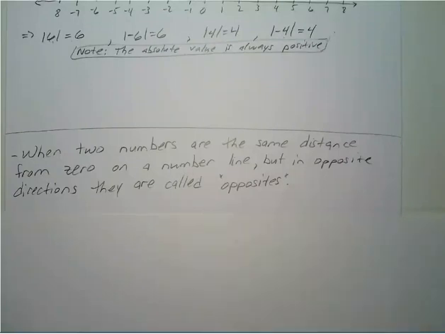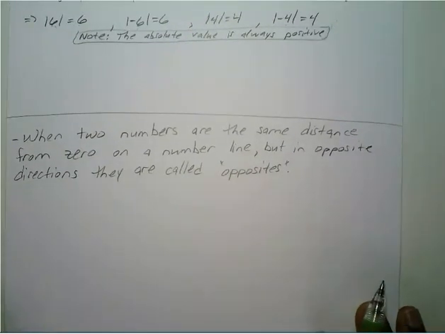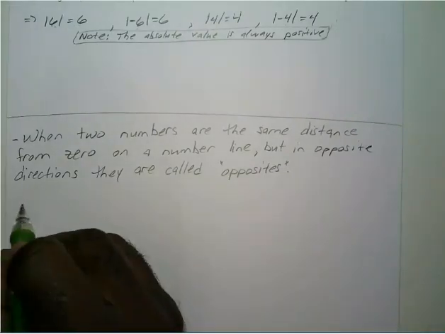When two numbers are the same distance from the 0 or the origin on a number line, but in opposite directions, they are called opposites.